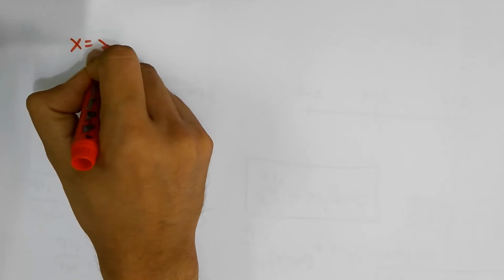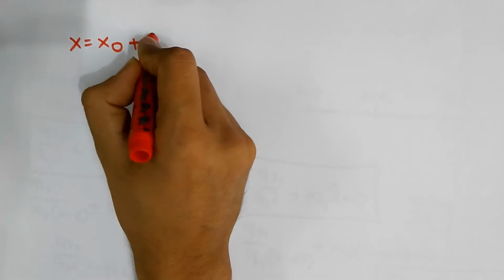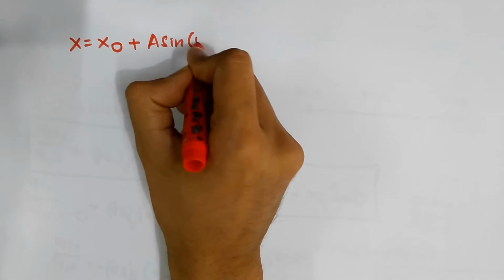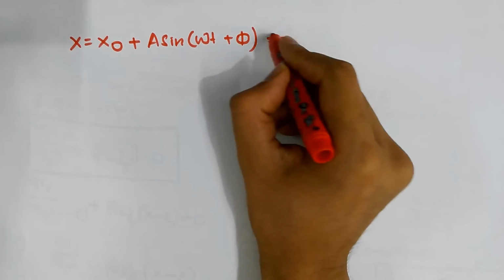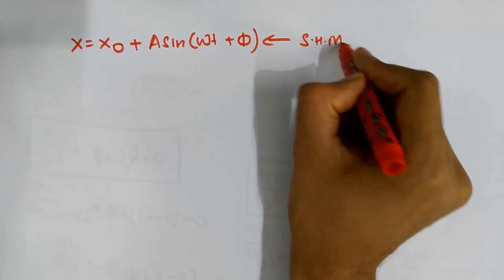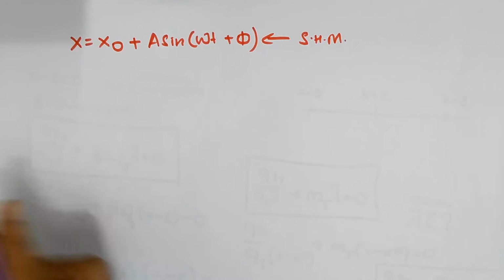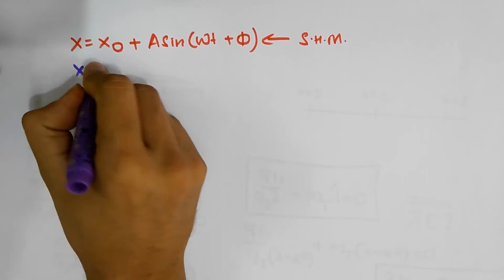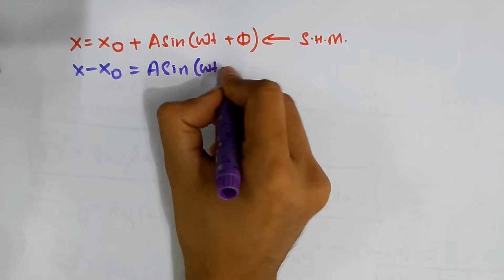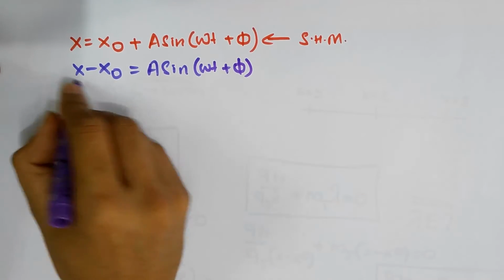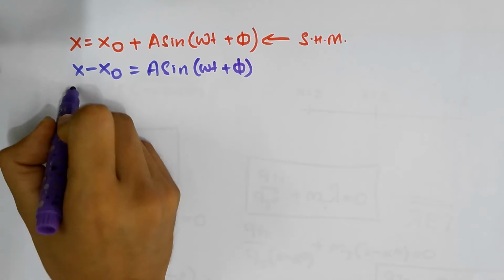In general, if you have x equal to x naught plus a sine omega t plus phi, then this is still a simple harmonic motion, and the only thing we need to understand is that we can rewrite this as x minus x naught equals a sine omega t plus phi, and x minus x naught is measured from the mean position.